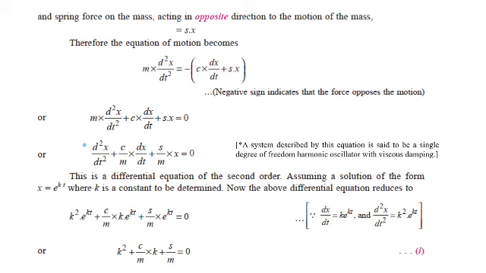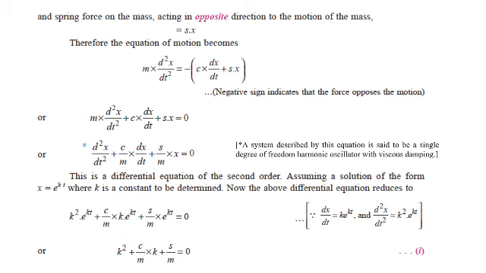This equation turns out to be k square into e raised to kt plus c by m into k into e raised to kt, that is the first order derivative of x, plus s by m into x, where x is e raised to kt. Rearranging the terms and cancelling, we get the equation k square plus c by m into k plus s by m.